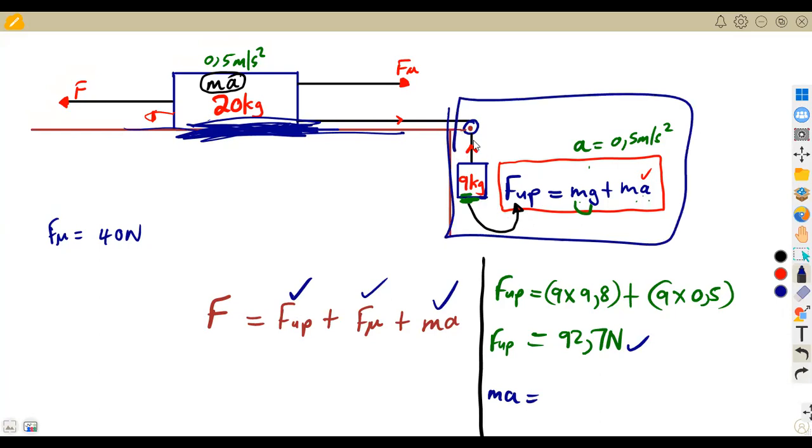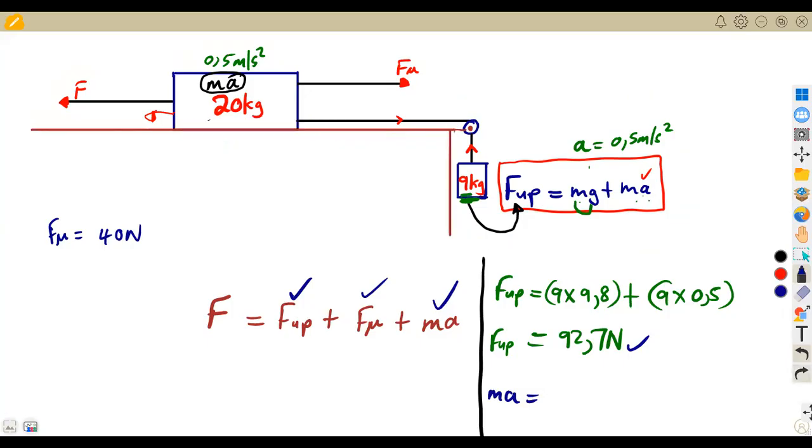So this is a combination of a vertical movement and a horizontal movement. We need to know the force that is affecting our object, which is the accelerating force, MA. So it's 20 times 0.5, which is 10 Newton.